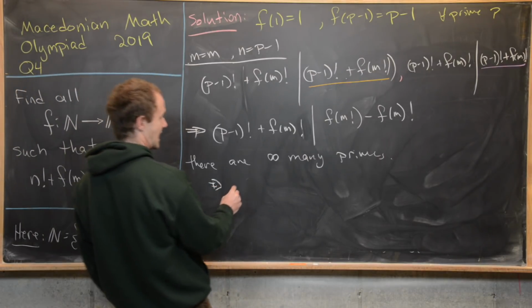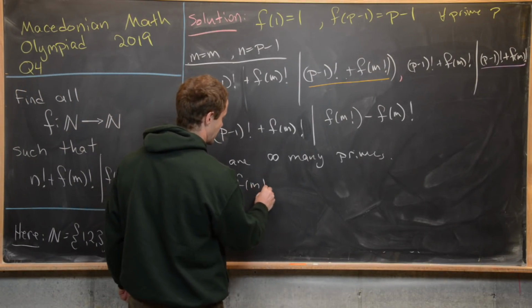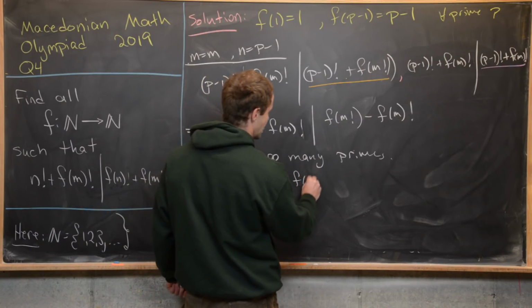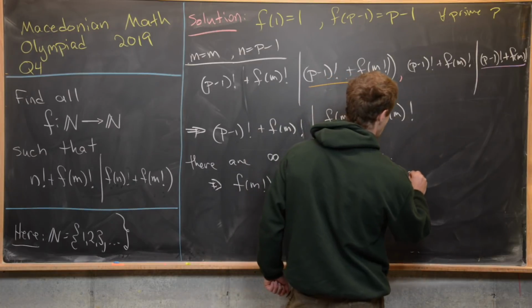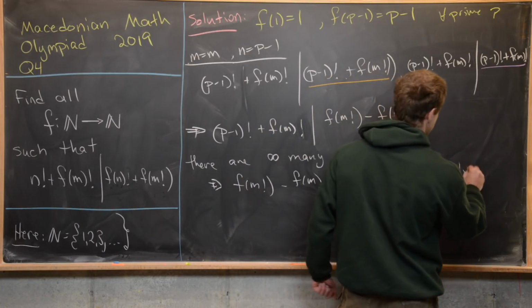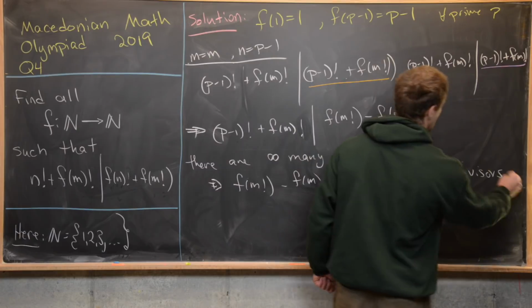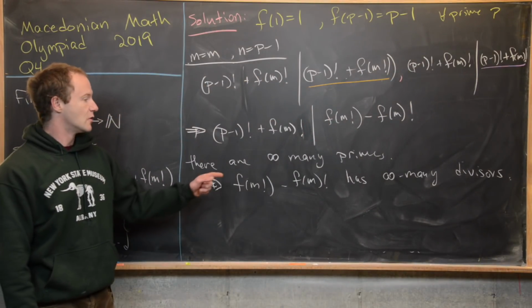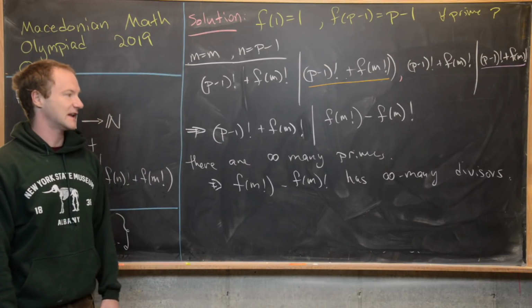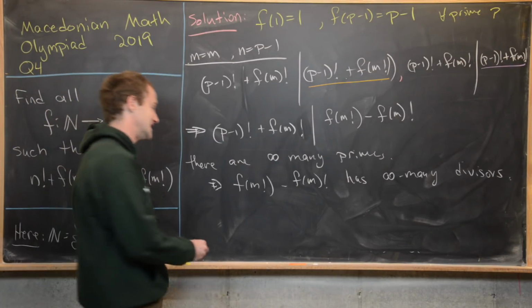So let's go ahead and write that down. f(m)! minus f(m)! has infinitely many divisors. But then recall from our third hint, which we proved really quickly, that the only thing with infinitely many divisors was 0.